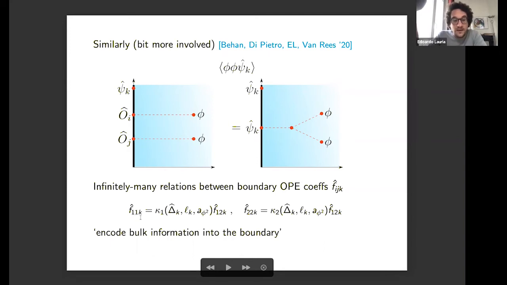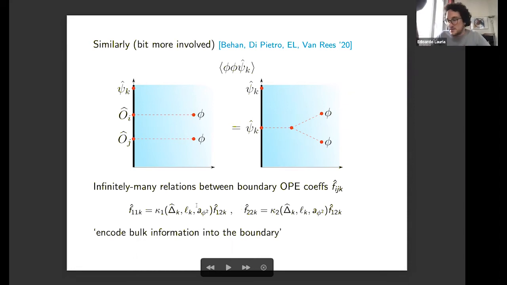So f11k is proportional to f12k with a function that here is called kappa1. And if you are interested, you can find this function in my paper, but it's just a ratio of gamma functions where the variables are indeed the quantum numbers of this external operator. So for every k, you can compute this function. And for every k, you can compute this other function, kappa2, again a ratio of gamma functions.